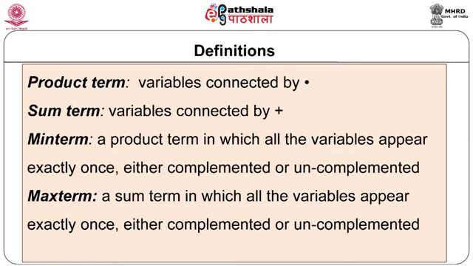A max term is a sum term in which all the variables appear exactly once, either in complemented or uncomplemented form. Thus, there is a difference between sum term and max term, product term and min term.